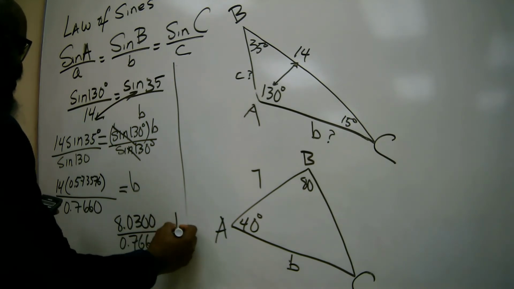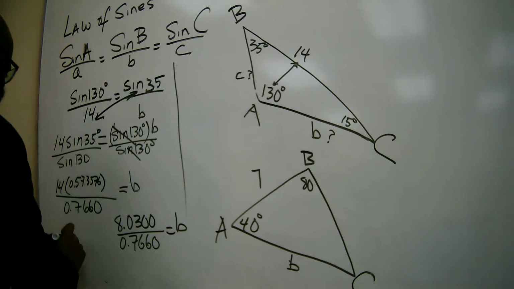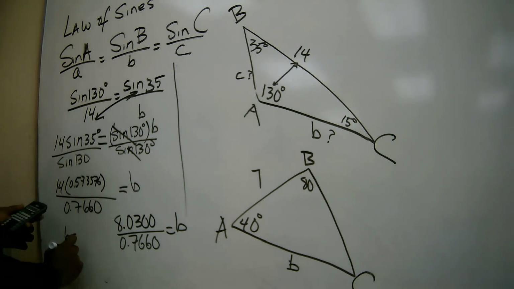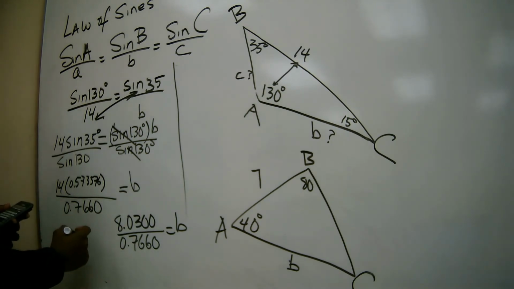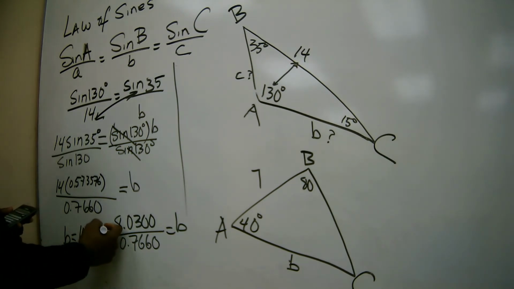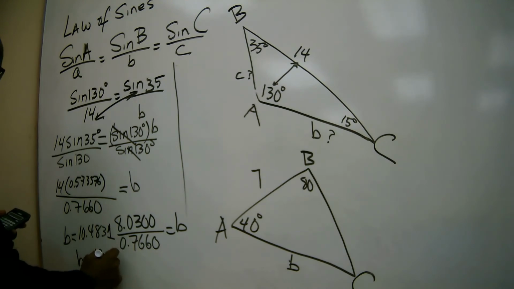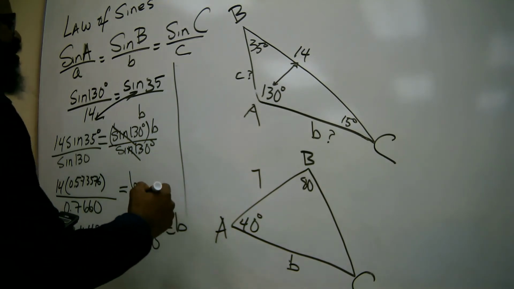When I divide by 0.7660, then I get B is 10.4831. Since I'm going to the nearest tenth, therefore B is equal to 10.5. Okay, B is 10.5.